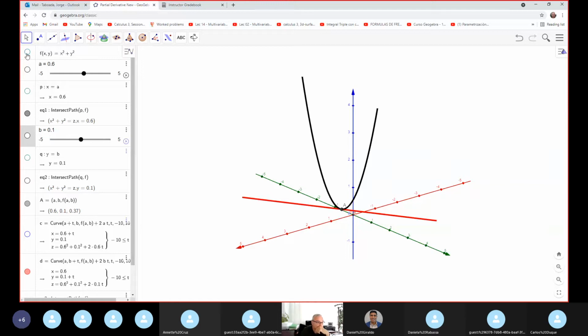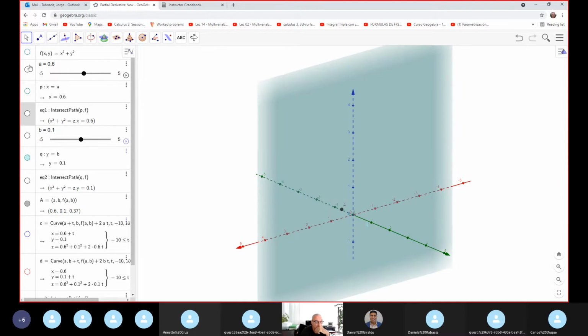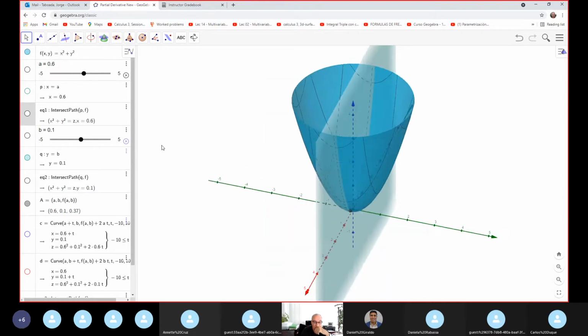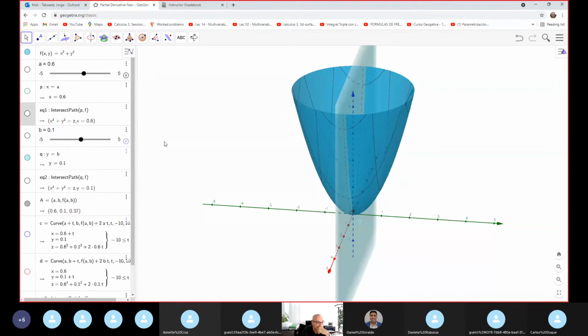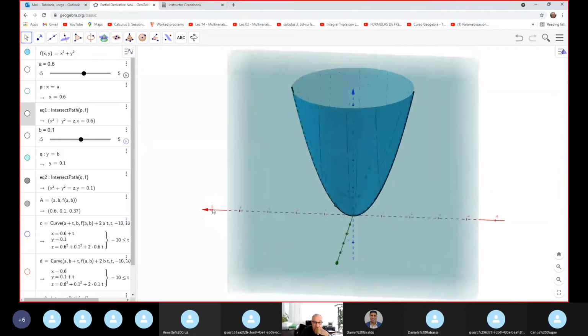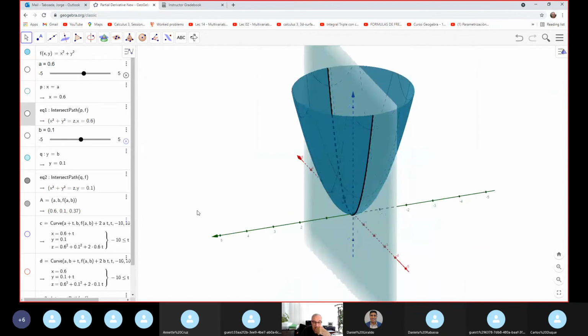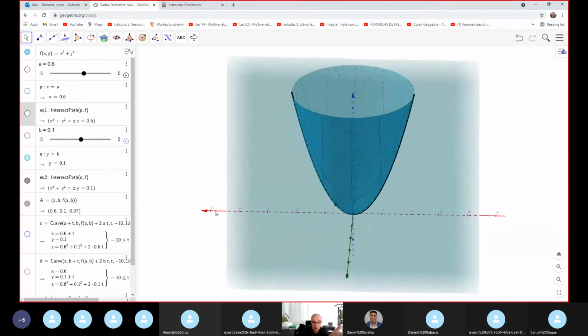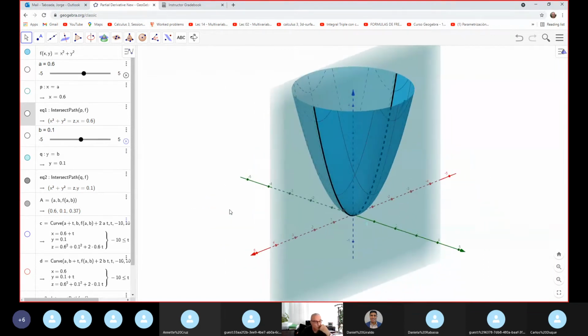We have the paraboloid again, but let me delete this. Suppose now we have y equal to a constant. It's a plane, our famous paraboloid, and the intersection is this, I suppose. Yes, the intersection is this. This is the geometric interpretation of the partial derivative.